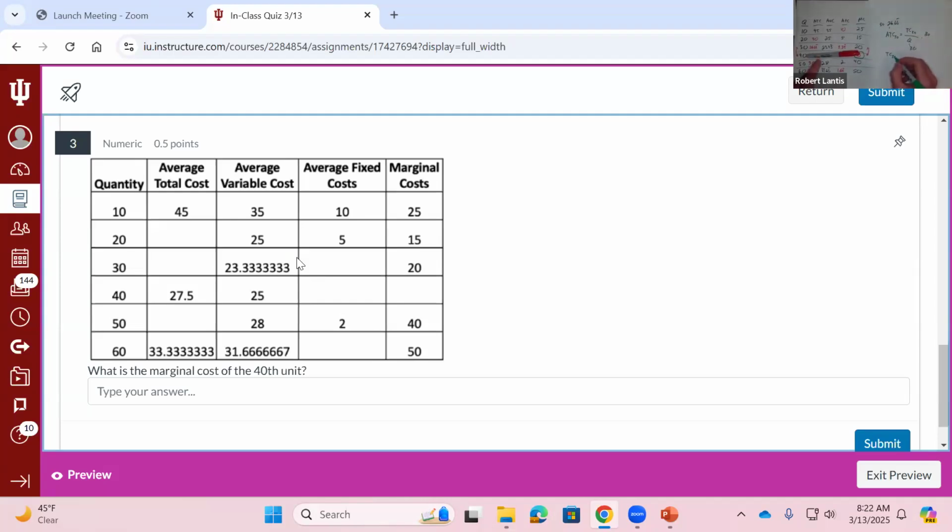And I get my total cost at 30 units would be 30 times 26.66 repeated, which was that value of 800. And that's why when we're calculating our marginal costs, the change in the total cost going from 30 to 40 units, my total costs were going from 800 to 1100.